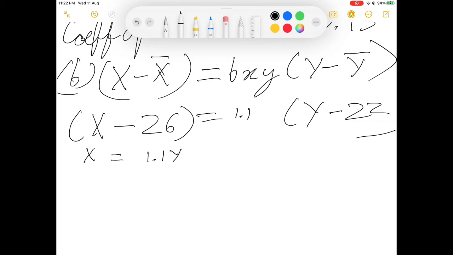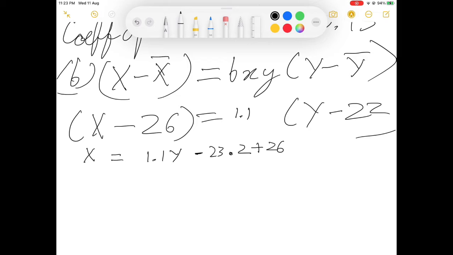So 1.1 into y minus 22 into 1.1 gives me 22 ones are 22, and this becomes 22 ones are 22 plus 1, 23.2, plus 26 from the other side.